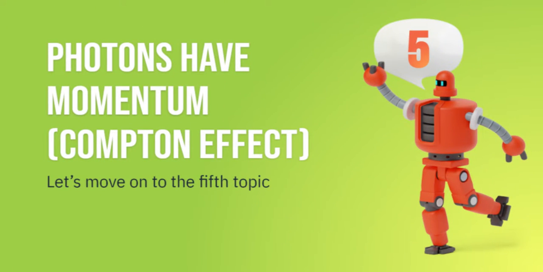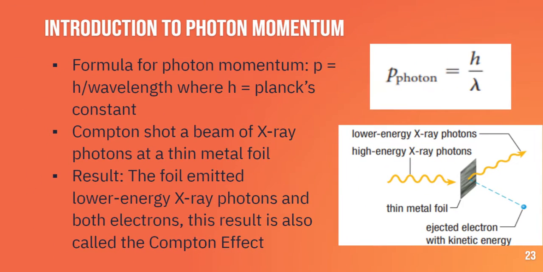The fifth topic is photons have momentum, or the Compton effect. The key person for this topic is Arthur Compton, an American physicist who discovered the elastic scattering of photons by high energy photons, best known as the Compton effect. There is a photon momentum formula, and it is p equals h over wavelength, where h is Planck's constant.